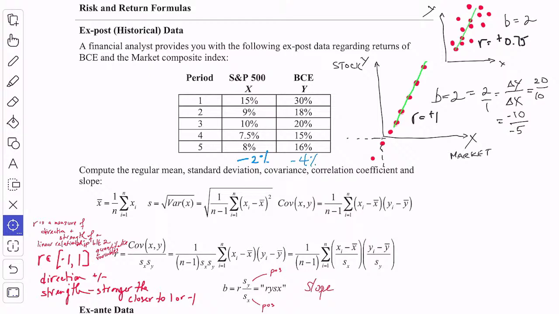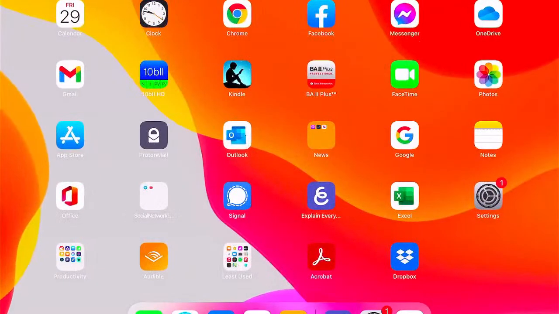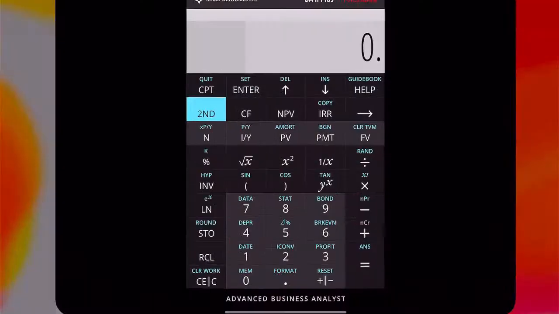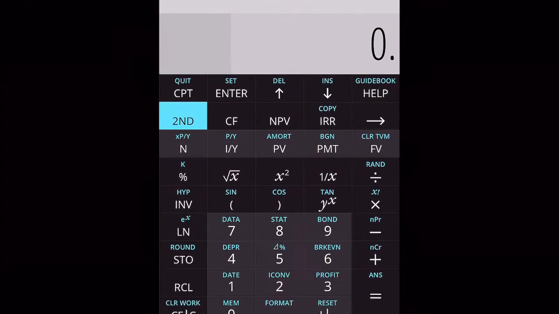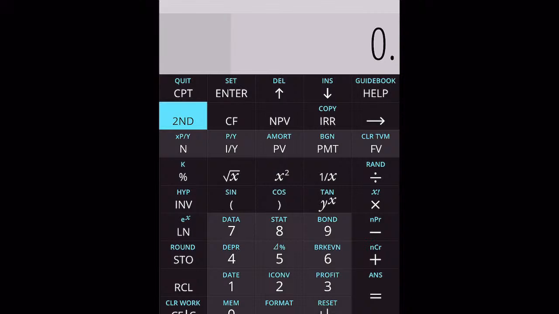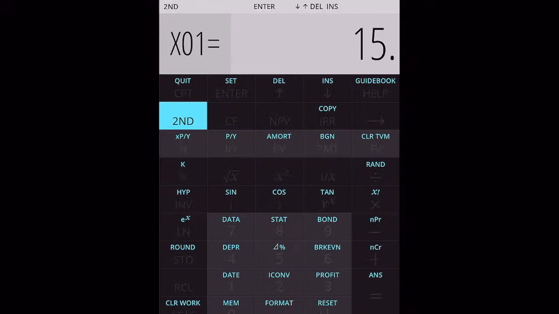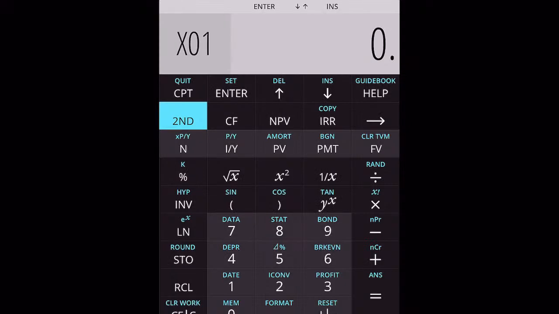So we go to the calculator, we clear it, and we start to enter data in stat mode of the calculator. So I did that by second data. Now there's something in there, I need to clear it out. Second clear work. So once I'm in the sheet, the worksheet, I can clear it.